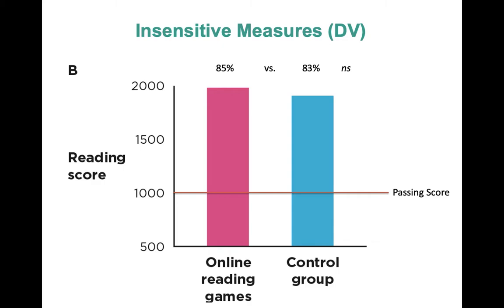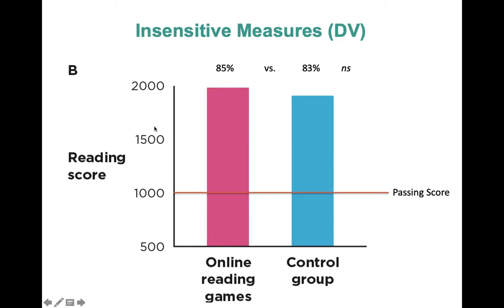doing better on this standardized test as the pass rate, we would see that operationalizing it at that level doesn't produce a very big effect, that there's not much of a difference, a non-significant difference between the pass rate for online reading games versus the control group.